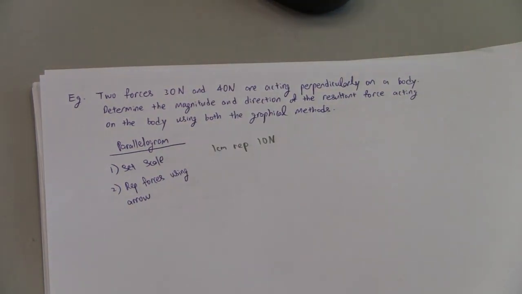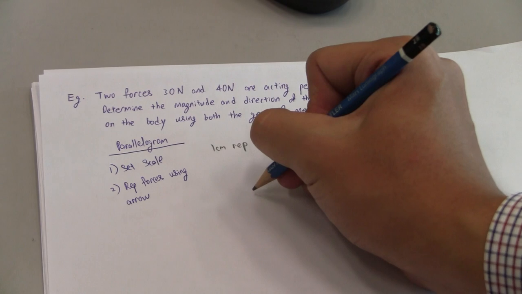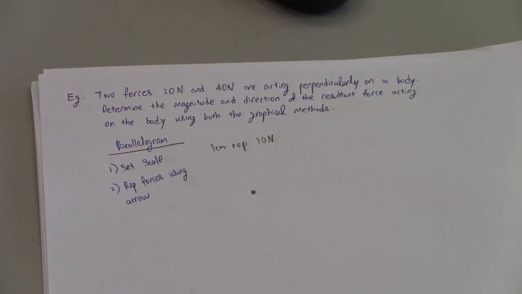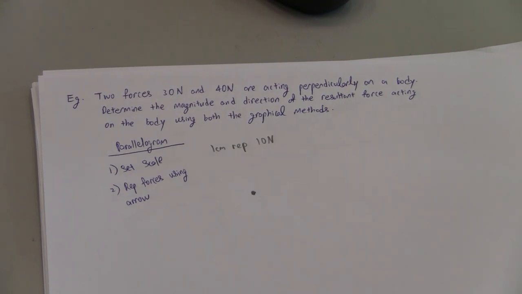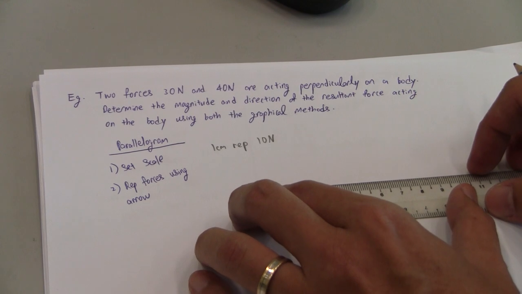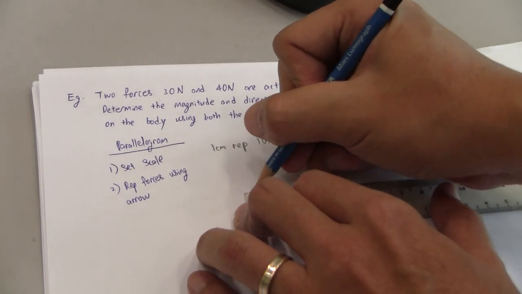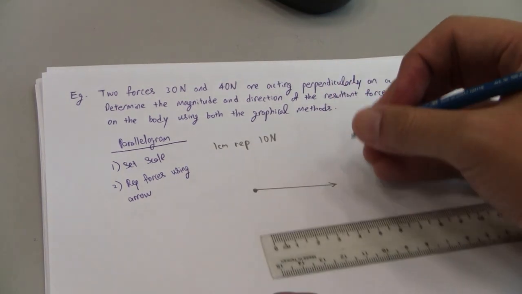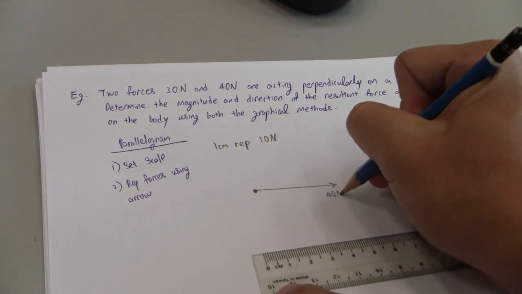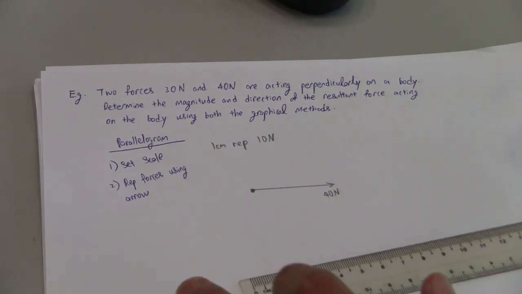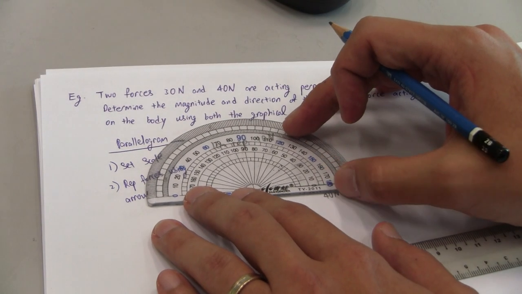Now what I'm going to do is, first I'm going to draw a dot. This represents the body. Next, I'm going to use a ruler to measure 4 cm to represent 40 Newton. And then because they're acting perpendicularly, I have to measure 90 degrees using a protractor.